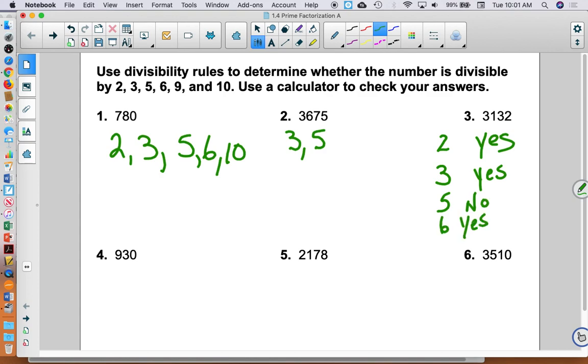Yes, because it's divisible by 2 and 3. Is it divisible by 9? Yes. We said the digits added up to 9. Is 9 divided by 9 a real answer? Sure. So yes to 9, and no to 10. The only way that I know is if I check every single one of them, and you have the rules here.